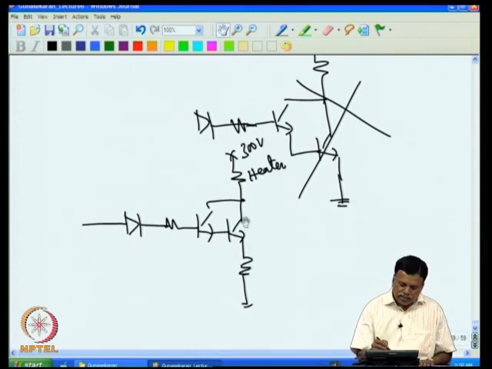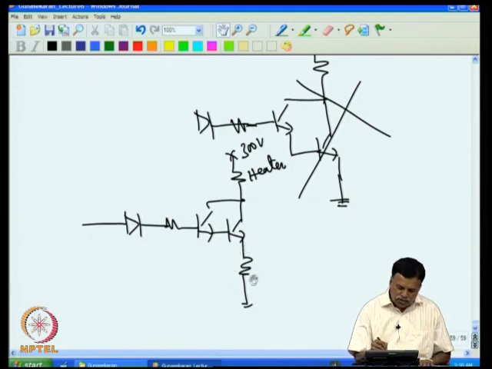So when the voltage increases here, this current increases, and this current also will increase. So when the voltage at this point increases linearly, the current through this increases linearly, and so does the current through the heater. That means voltage across the heater will vary linearly with the error voltage now. Of course, the ratio between these two gives you the gain. For example, take a heater resistance of 100 ohms.